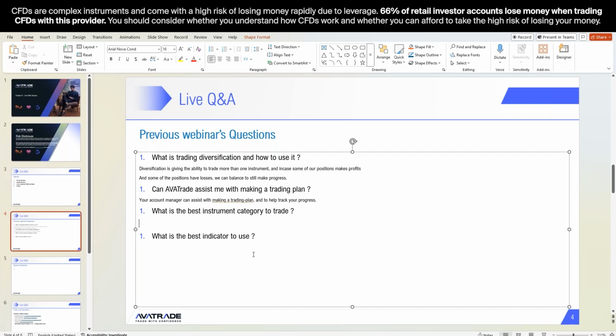But what I can write here is each different instrument category can share in common the fundamentals. How can I write it down? Can share in common the fundamentals.